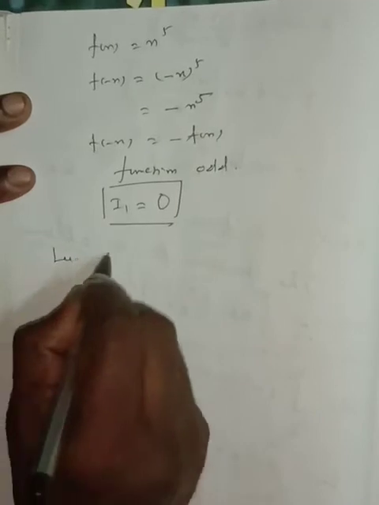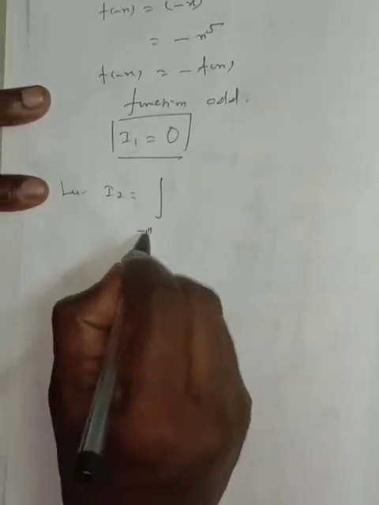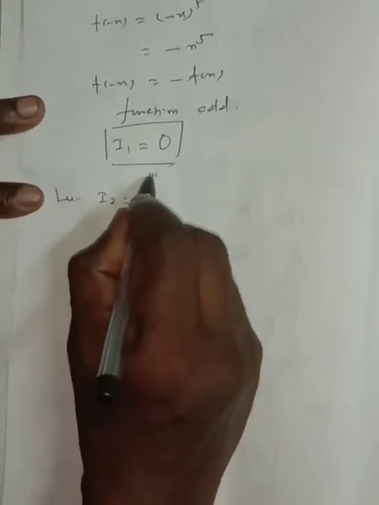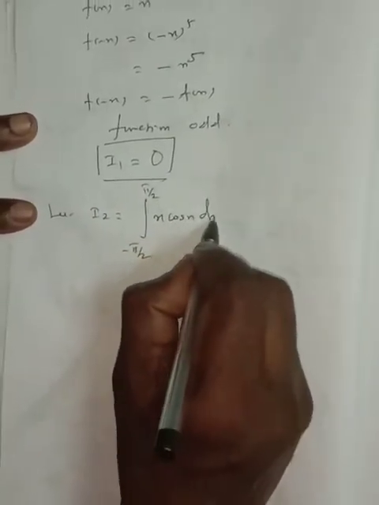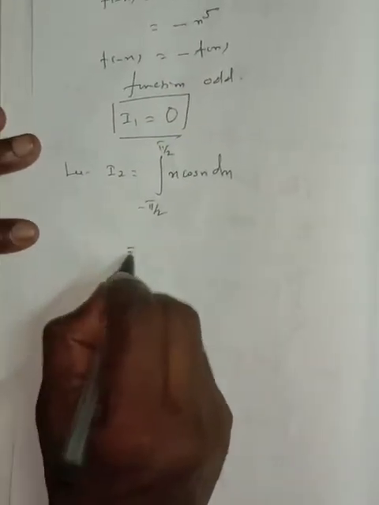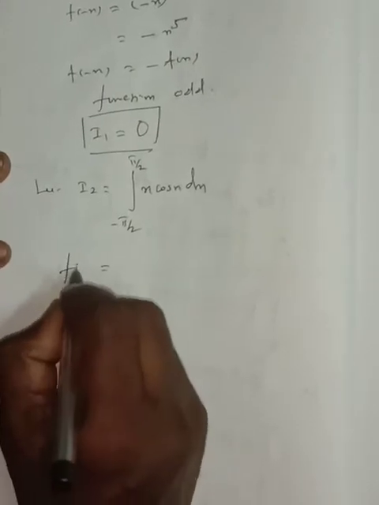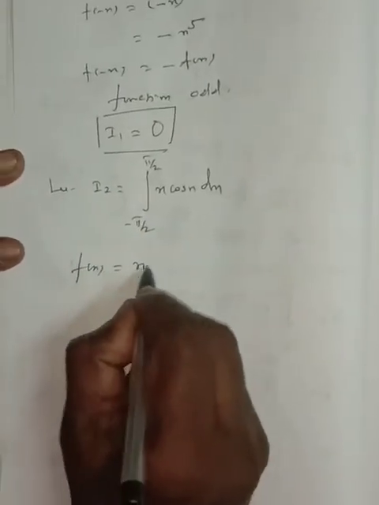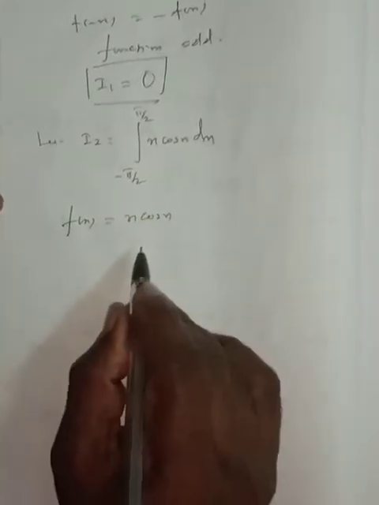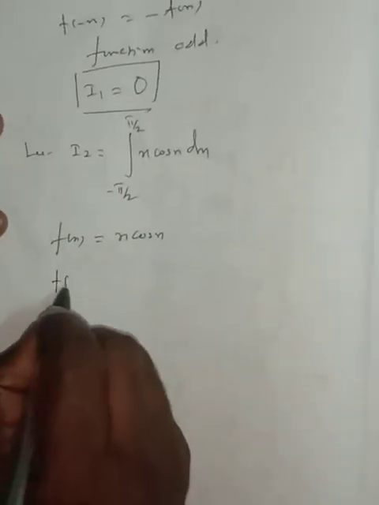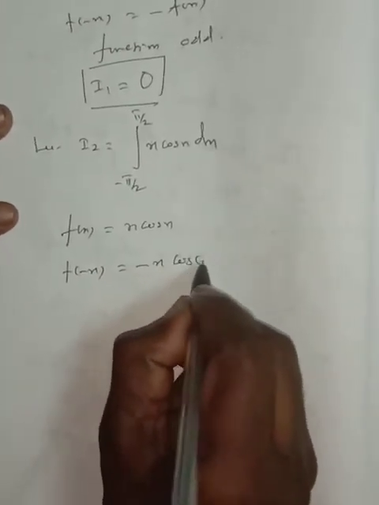Next, let I2 be the integral from minus pi by 2 to plus pi by 2 of x cos x dx. Here f of x is x cos x. Put x equal to minus x, cos of minus x.